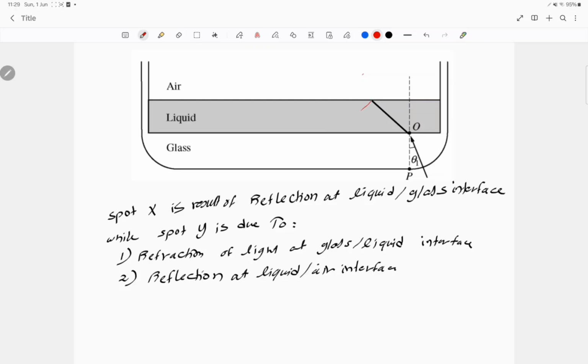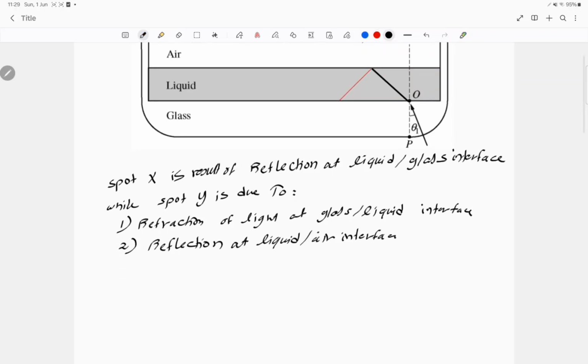And finally, refraction at the liquid glass interface. And that's where spot Y forms. And so multiple paths will be taken.